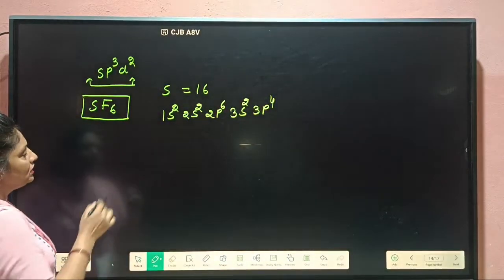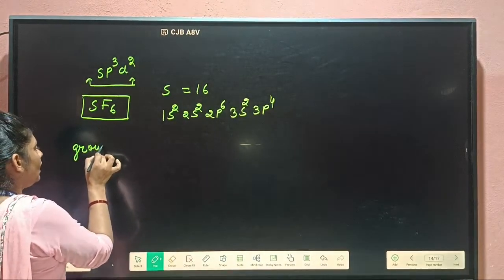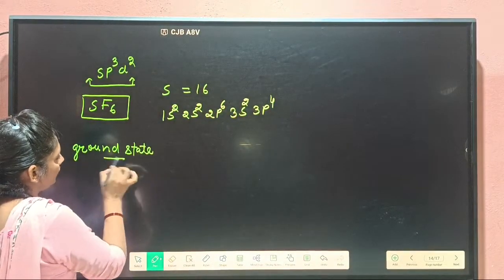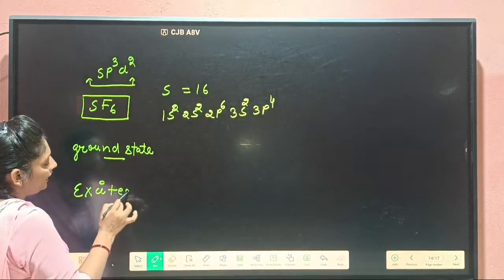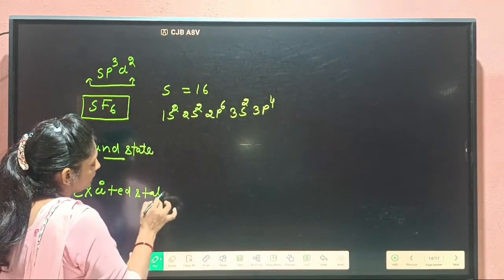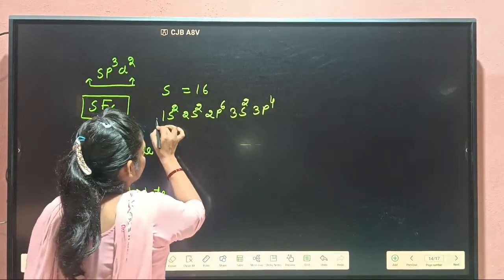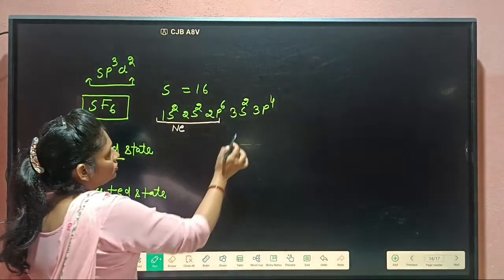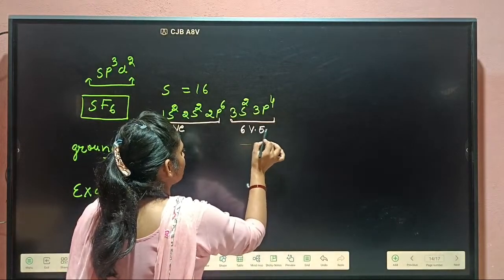Okay students, so make the ground state for this one, and then the excited state. Till here it is the configuration of neon, a noble gas. So now these are the valence electrons. 6 valence electrons are there.